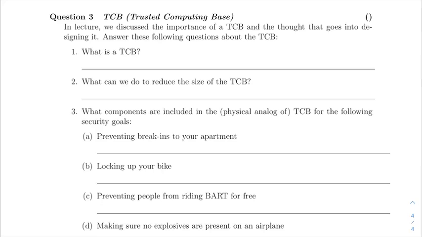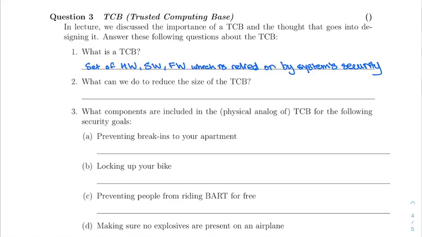So just to put that into words, and you can find this on the solution sheet too: it's the set of hardware, software, firmware, whatever, which is relied on by the system's security, or more technically, for the correct enforcement of system security.